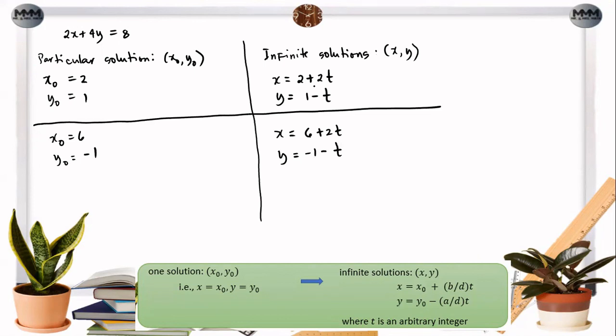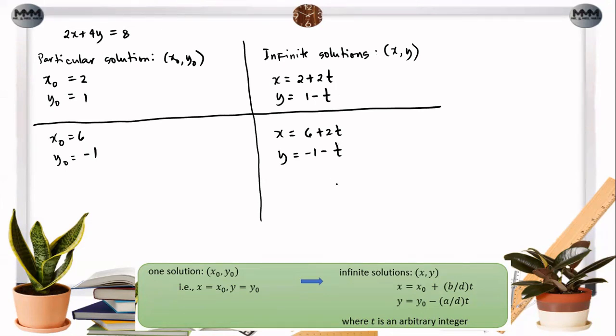Now, as you observe here, we have shown the infinite solutions in different representations or forms. We based it on the particular solution that we have used. So as you can see here, we have 2, 1, and then here we have 6, negative 1. But the same, we have 2t, and here we have minus t.